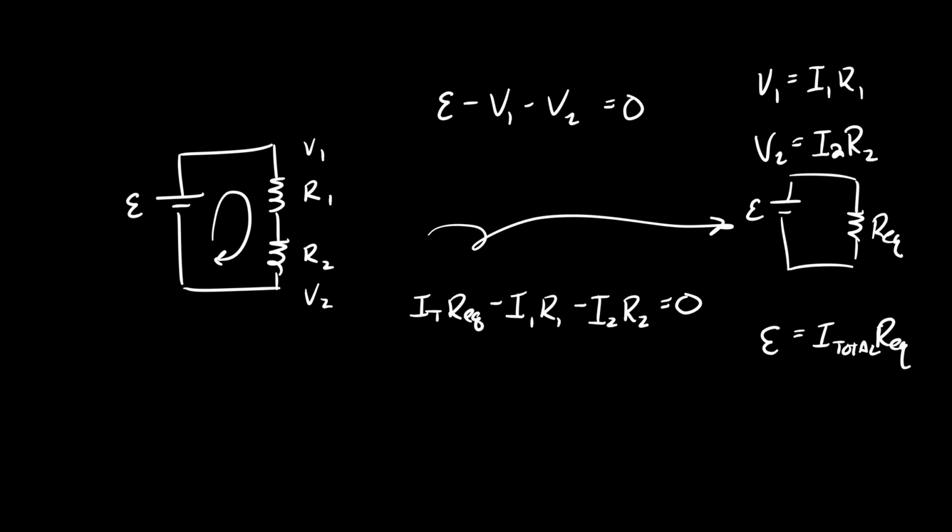The junction rule. If there are no junctions at any point on our circuit, any place that we choose, the current into that point has to equal the current out. That suggests that I total equals I1 equals I2. There's no junctions.